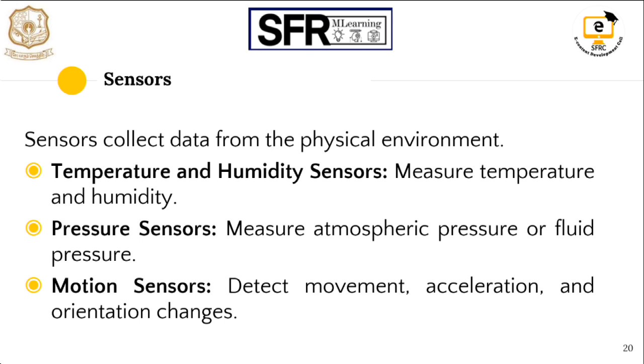Now we are getting into our actual topic, sensors. There are a number of sensors, and among those I have listed, I am going to mention a few here. The sensors collect data from the physical environment and give the data to the microcontroller. The first one is the temperature and humidity sensor.